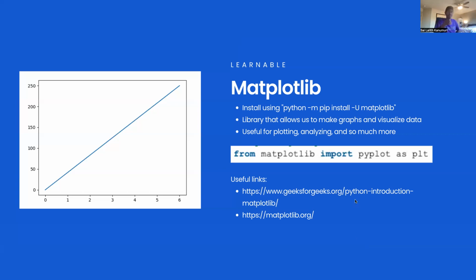At this point, you have the skill set necessary to do this. So please go to these two links, or search matplotlib Python and look up how to do it. That is a lifelong skill that will help you tremendously.